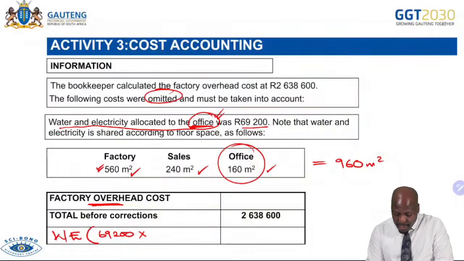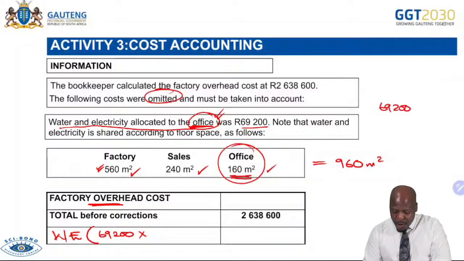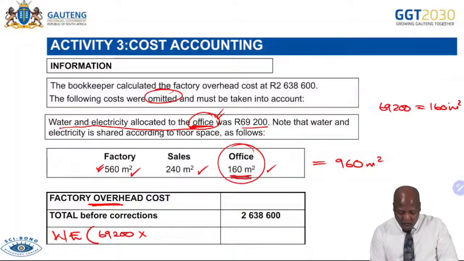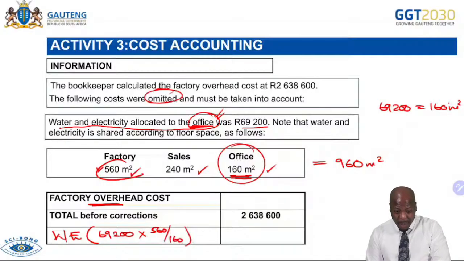And I know that this 69,200 is equal to 160 square meters. You remember the what you want and the what you have. Because once you have two values, in other words, the 69,200 is equal to 160 square meters. And what do we want? We want the 560 square meters. So we can get it. What do we have? We have the 160. So it's going to be 560 over 160. All right. Calculators, please. How much do we get?